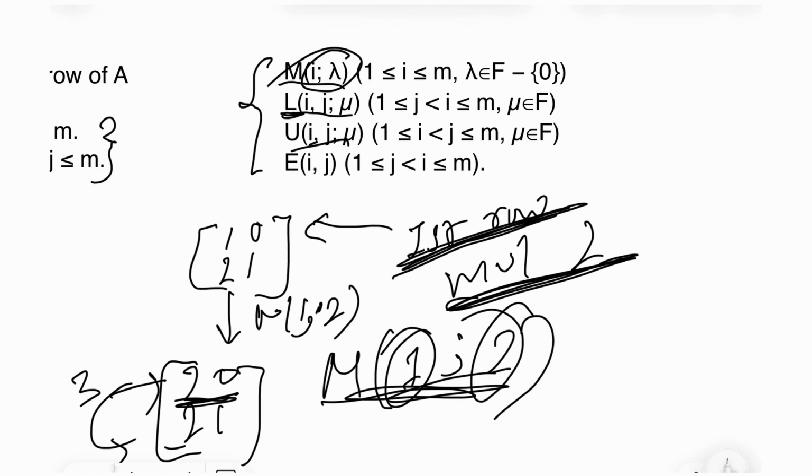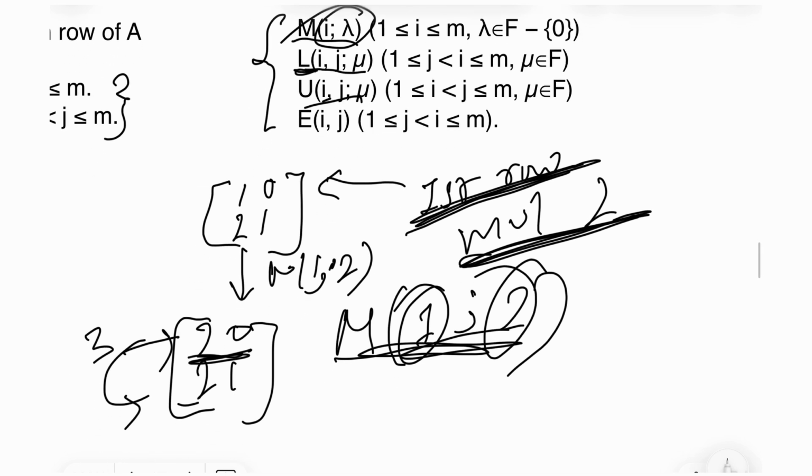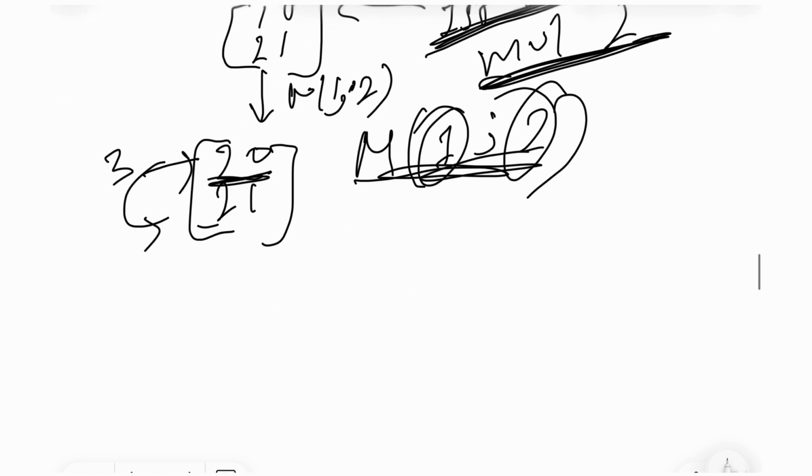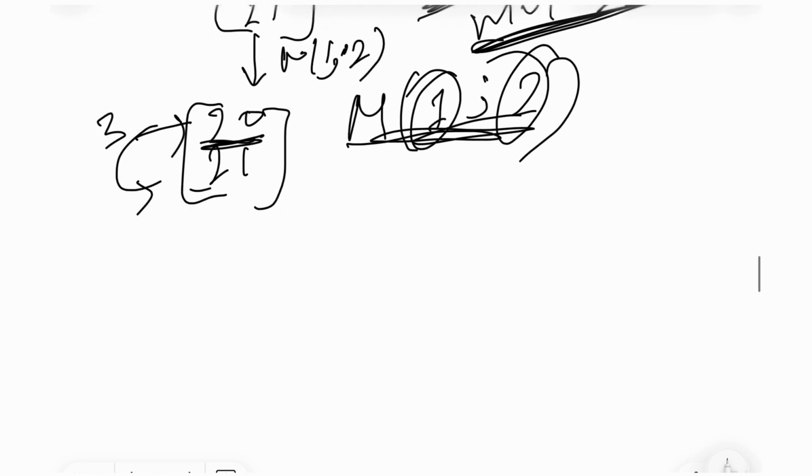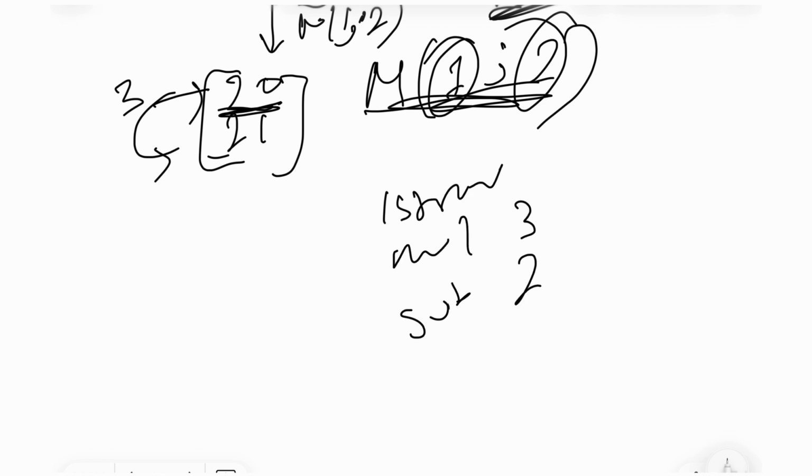We're going downwards. So taking the first row, multiplying by 3, subtracting it from the second. What am I doing? First row, multiply by 3, subtract from second. 3 things which I need now.